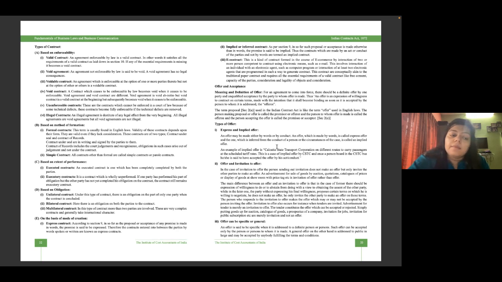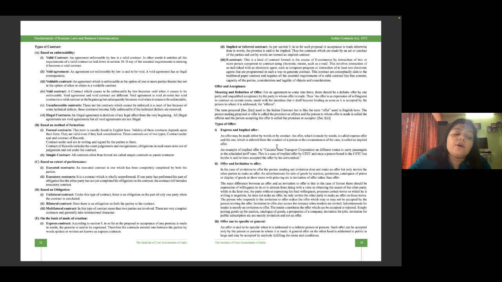Now, based on obligations, there are unilateral as well as bilateral and multilateral contracts, where there are multiple parties to it. So under these sort of contracts, in a unilateral contract, there is an obligation on the part of one party when the contract is concluded. The second is with respect to bilateral, where there is an obligation on both the parties to the particular contract.